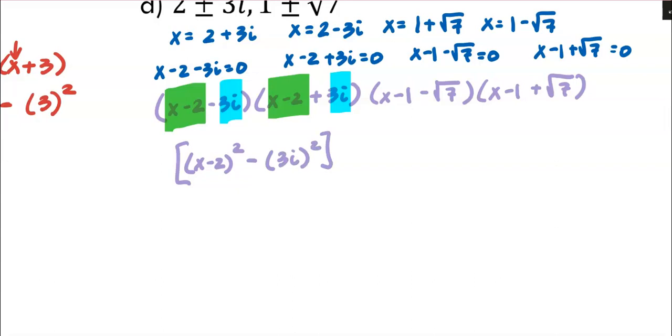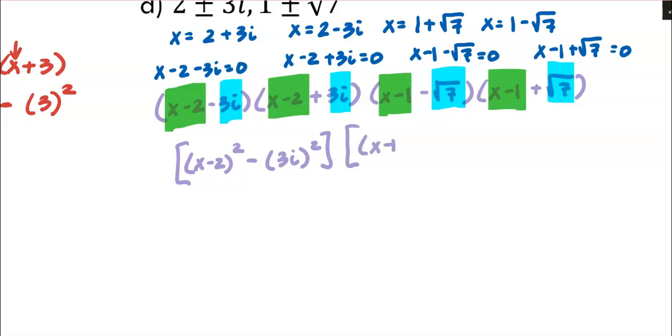And over here we have an x minus 1 and an x minus 1 and a square root of 7 and a square root of 7. Group those two together, x minus 1 squared, difference of square root of 7 squared.